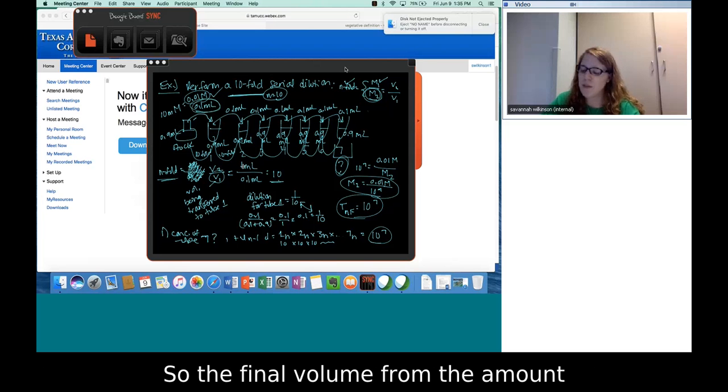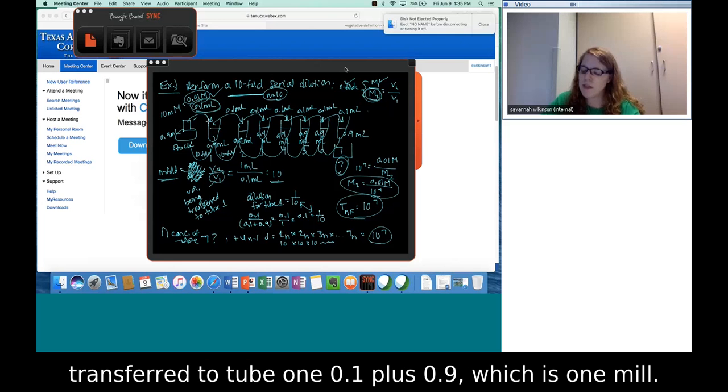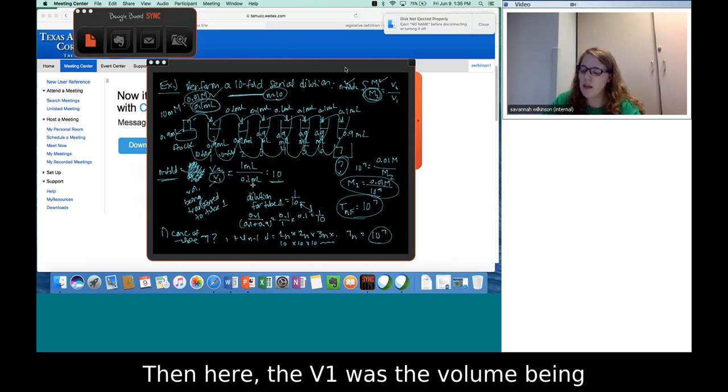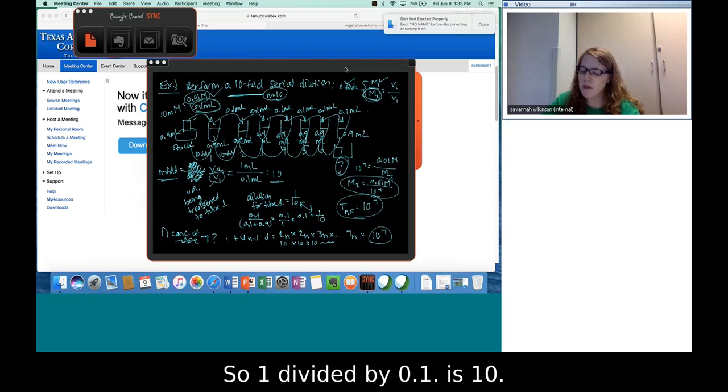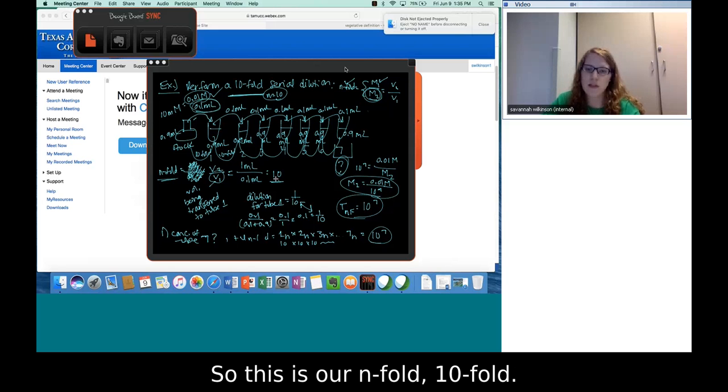So the final volume from the amount transferred to tube 1 was 0.1 plus 0.9, which is 1 mL. Then the V1 was the volume being transferred from stock to tube 1, which is 0.1. So 1 divided by 0.1 is 10. So this is our N-fold, tenfold.